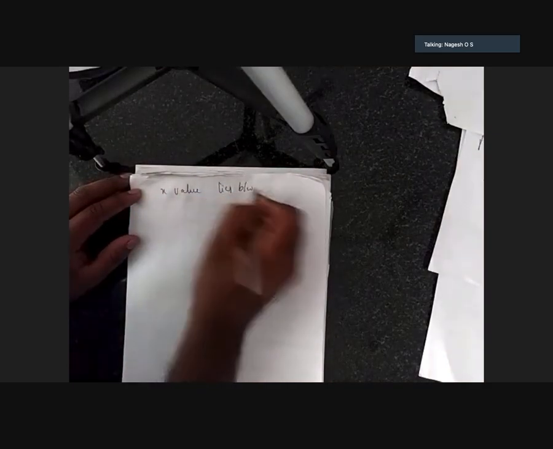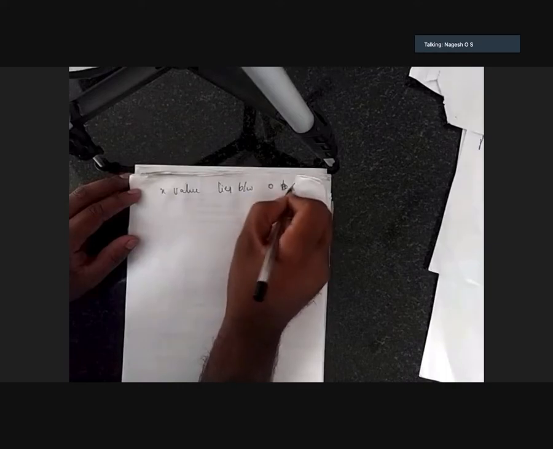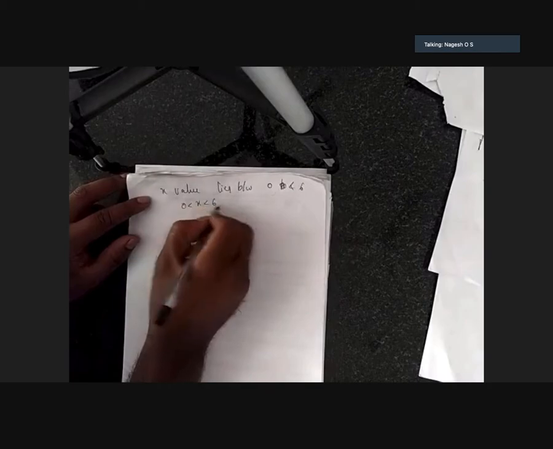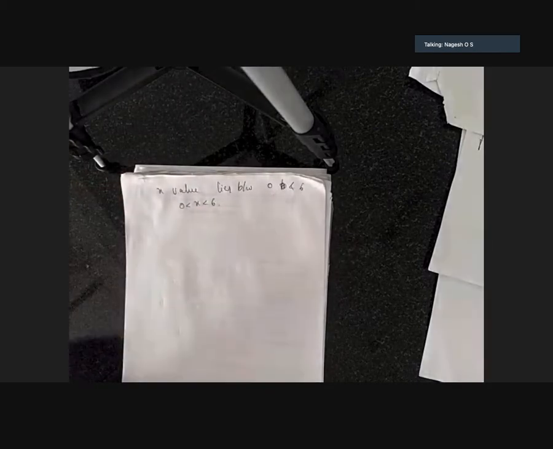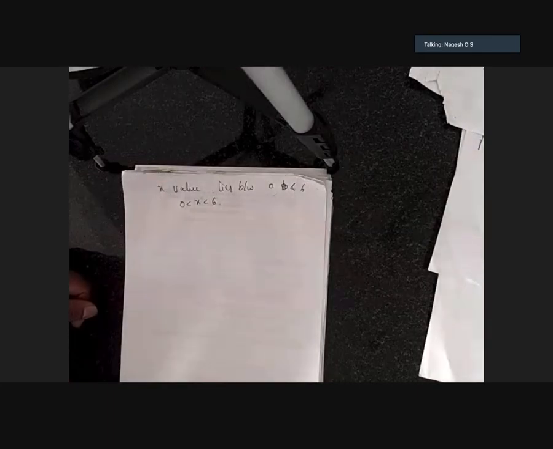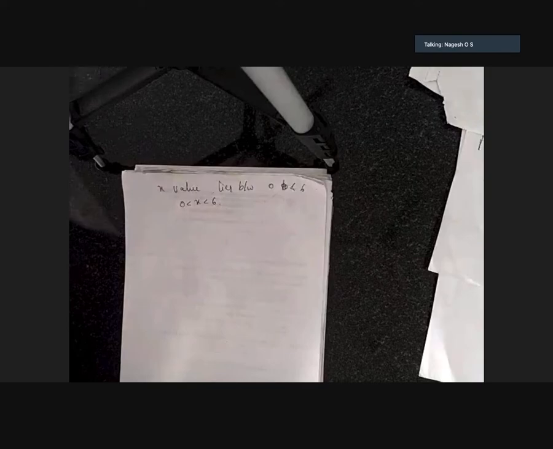Okay. Now, the x value lies between 0 and 6. So 0 less than x less than 6. Take 6 because that is a multiple of 2.